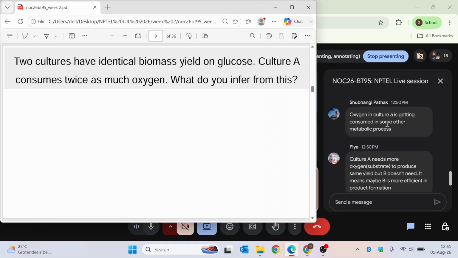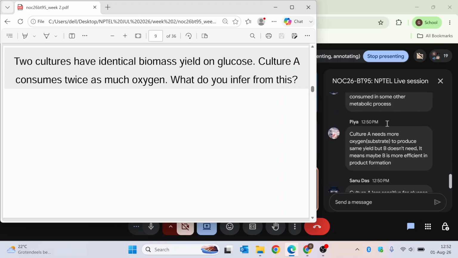Okay, so here we have three answers. One is oxygen in the culture is getting consumed in some other metabolic process, which is partially okay. The next is culture A needs more oxygen to produce the same yield, but B doesn't need, so maybe B is more efficient in product formation.